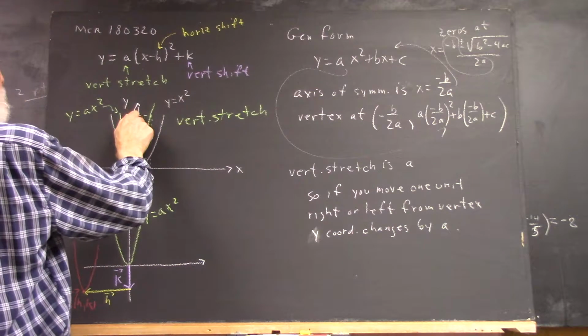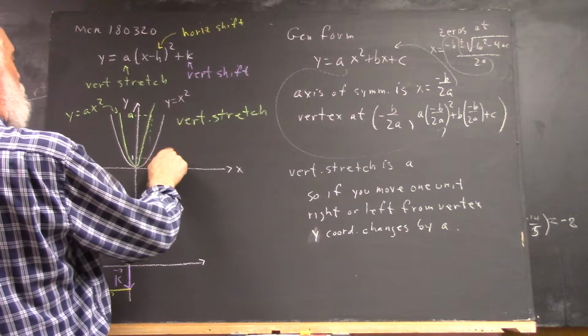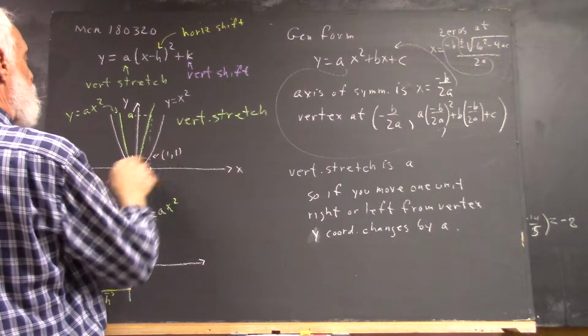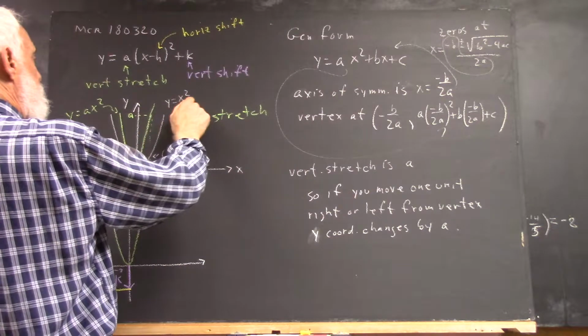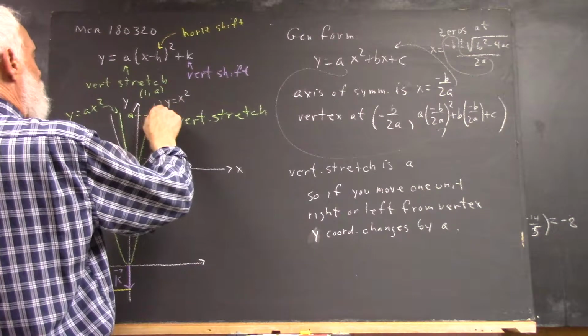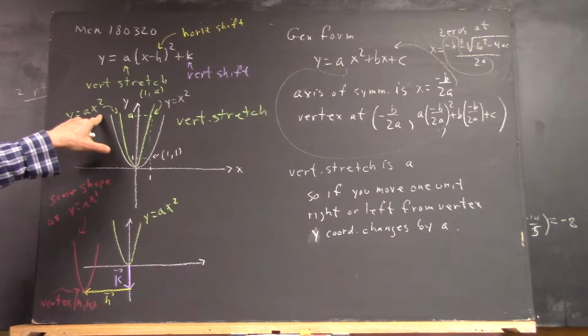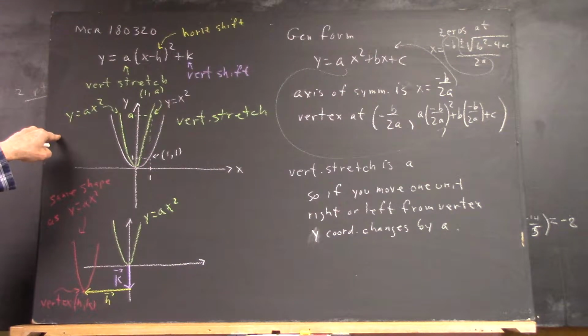It's going to be A. Okay? In other words, the point (1, 1) is on the graph of your function, and the point (1, a) is on the graph of y equals ax squared, because if x equals 1, y equals a, right?